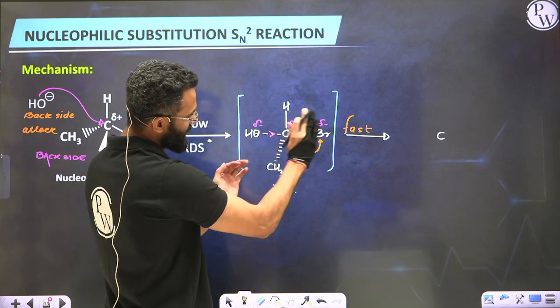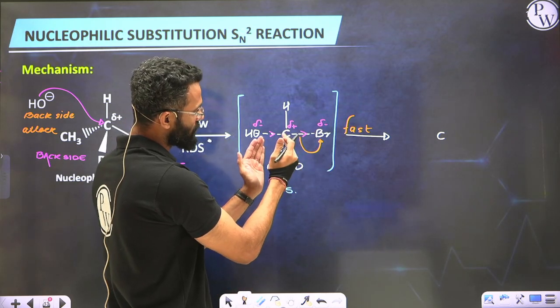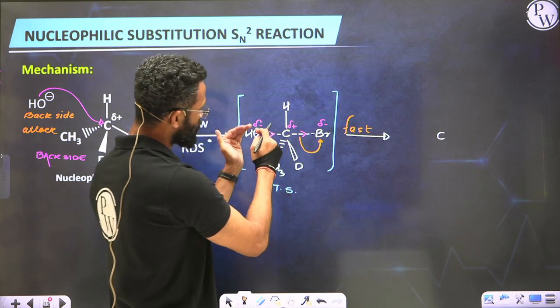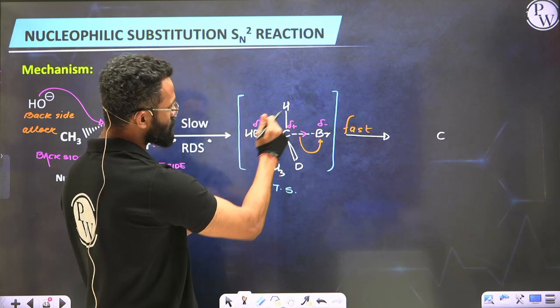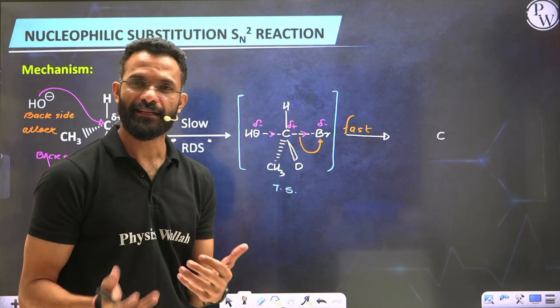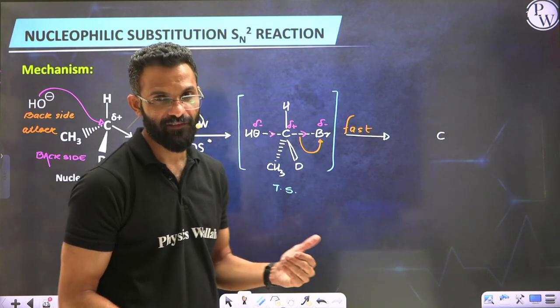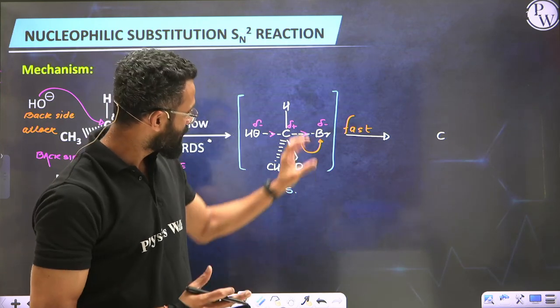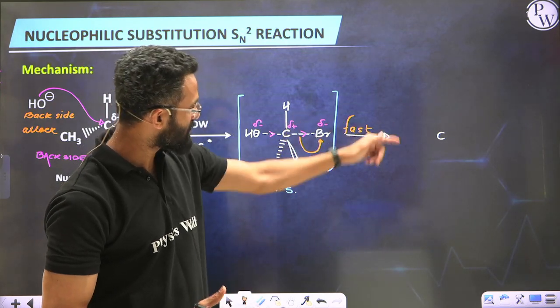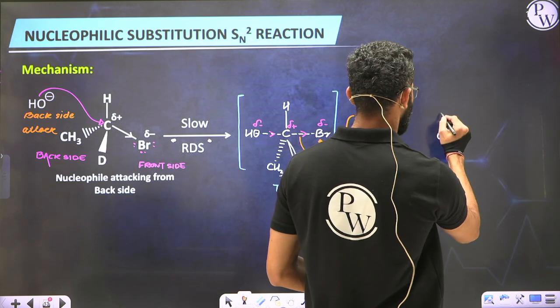See, now once Br has left, these two bonds will flip little to the right. This OH will come down because the carbon is going to be tetrahedral and the tetrahedral geometry will always have a bond angle of 109.5. So keeping that geometry in mind, after departure of Br minus, the product obtained can be represented like this.